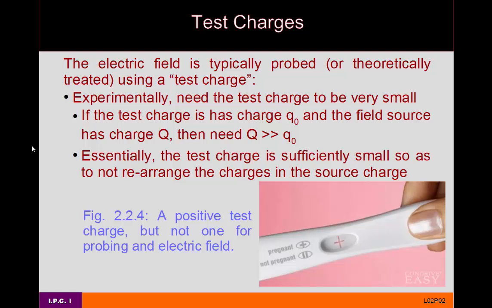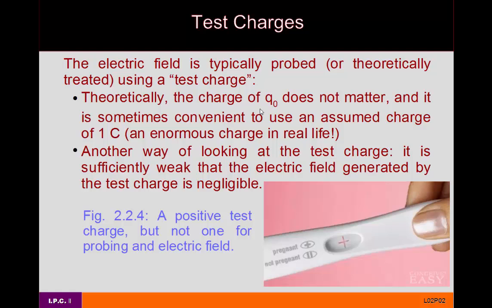They can move about freely. You want a test charge small enough that if you put it nearby the conductor, the other charges in the conductor aren't going to flow to the far or near side of the conductor. There's not going to be appreciable movement and therefore appreciable alteration of the existing field.